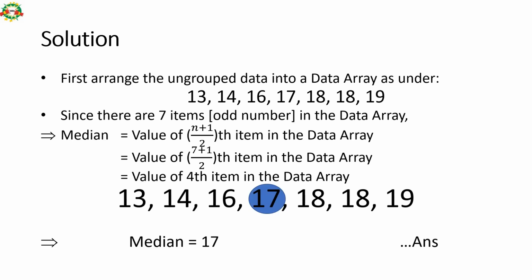Since there are 7 items, it is an odd number. For odd numbers, we saw in the second last slide that median is the value of the middle item, that means n plus 1, 7 plus 1 divided by 2, which is the fourth item. So the middle item is this 17. Fourth item, this is the median, 17.